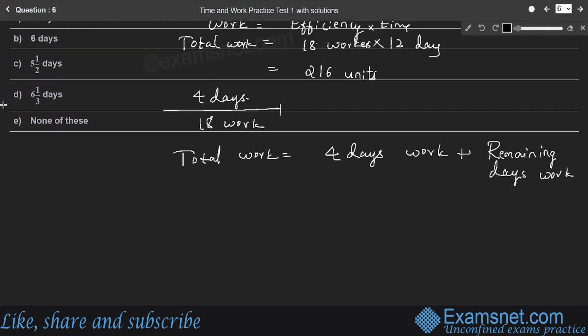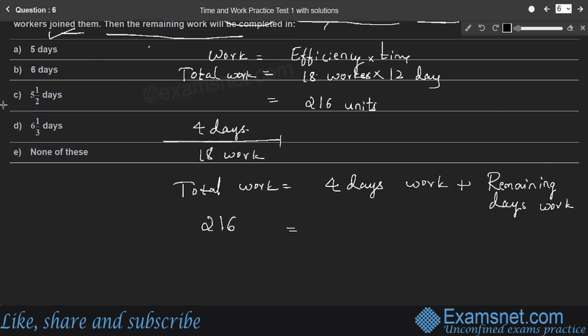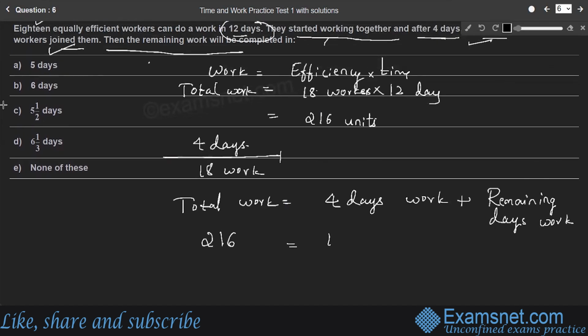Total work we already know, which is 216 units, is equal to the 4 days' work. 18 workers work for 4 days, so the work becomes 18 into 4, plus the remaining days' work.